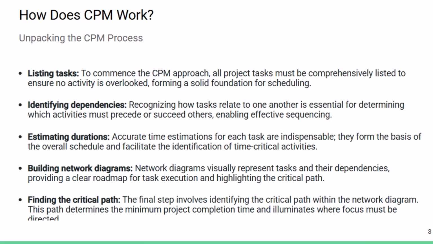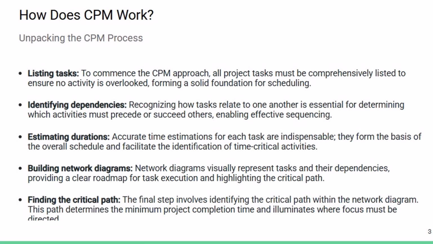We recognize how tasks relate to one another, because this is essential for determining which activity must precede or succeed others. This helps in enabling effective sequencing. This will also help in accurate time estimation for our tasks. These form the basis of the overall scheduling of the project and time-critical activities.